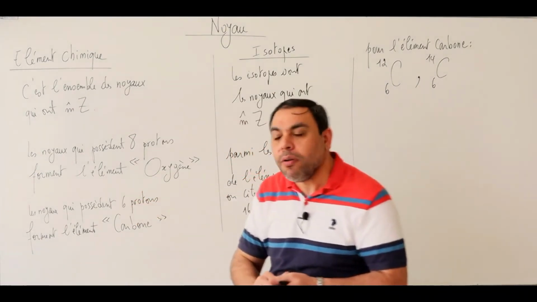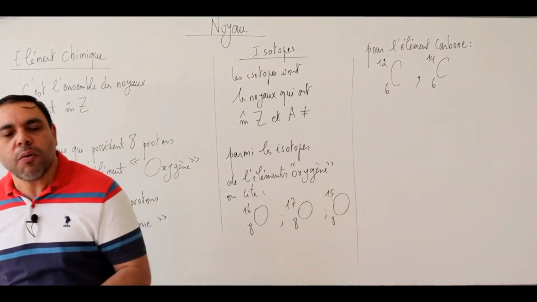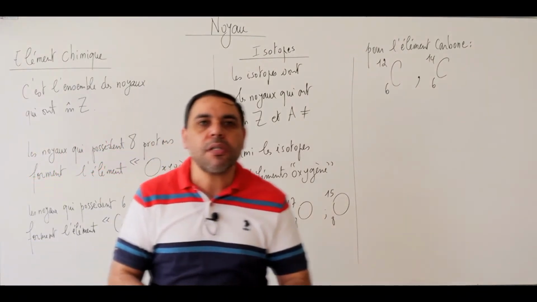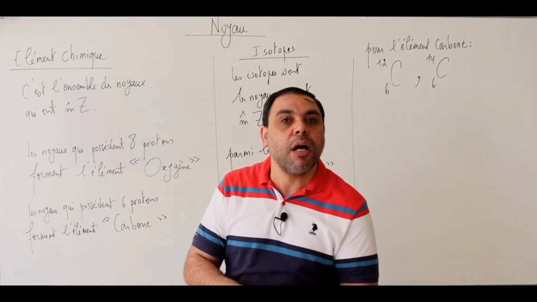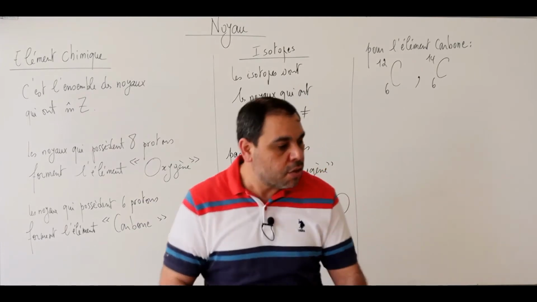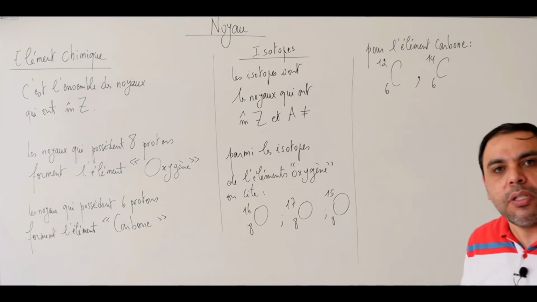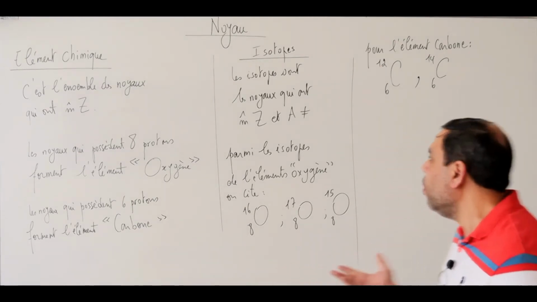The nuclei that contain 6 protons form the carbon element. When we find here or here a nucleus containing 6 protons, we say that this nucleus is part of the carbon element. If here, for example, we find another nucleus containing 6 protons, it is also part of the carbon element.